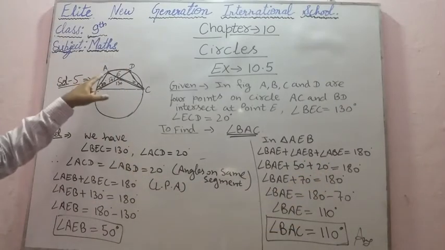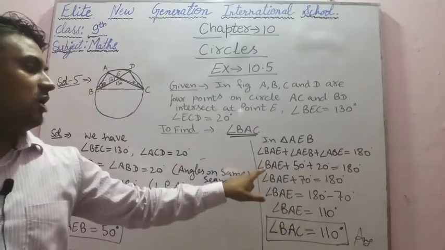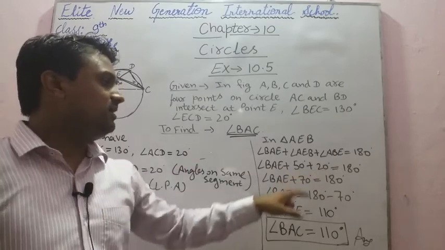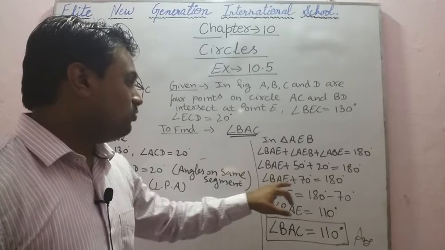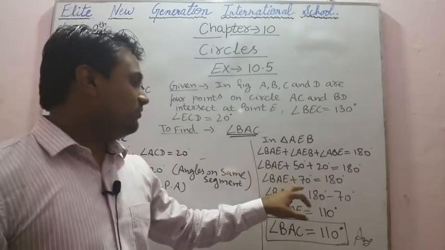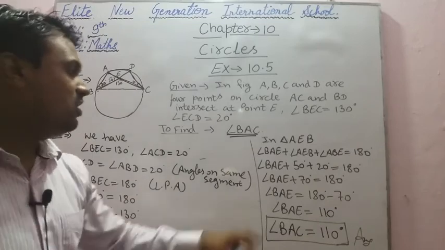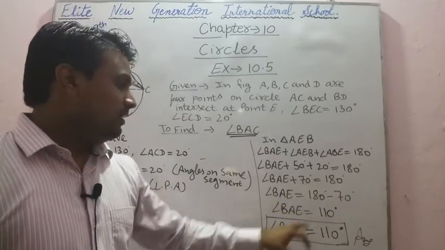So here ABE will also be 20. Now angle BAE plus 50 plus 20, which is 70, equals 180. Now angle BAE will become 180 minus 70. So 180 minus 70 will be 110. So angle BAE will be 110 degree.